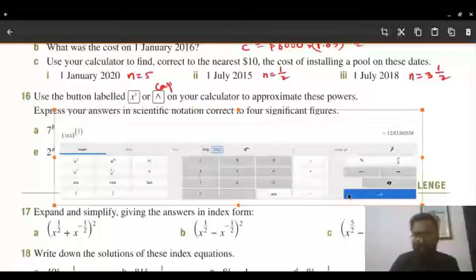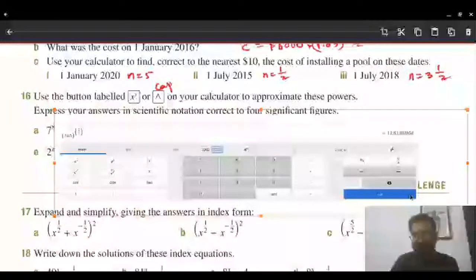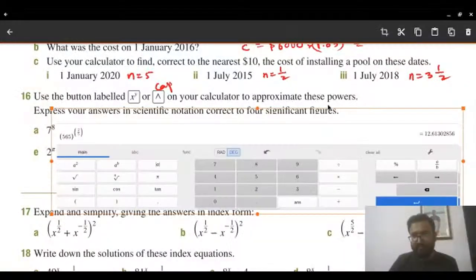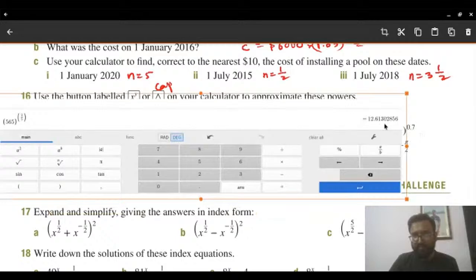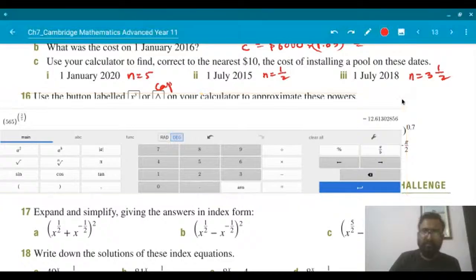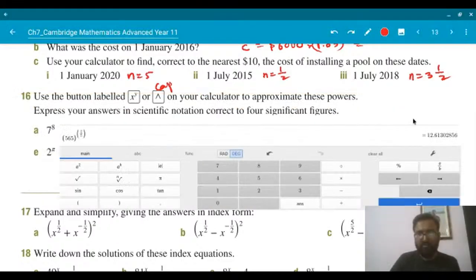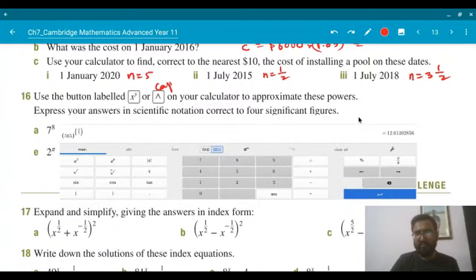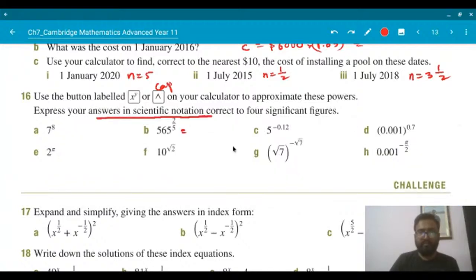See what is the number here? It is 12.61302856.